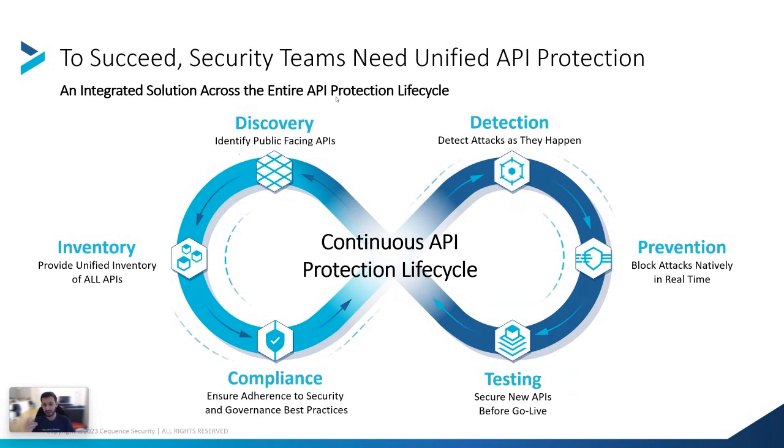Every time testing occurs, we will enter all the new or bypassed mitigations, which will help you figure out if the attack is happening again, which will again go to detection, then prevention, then testing. And if you are launching any public facing API, then again that will go to discovery, or if you have already launched, we will keep crawling the data, and once we find out there is a new API, it will go again through the whole protection life cycle for GraphQL.